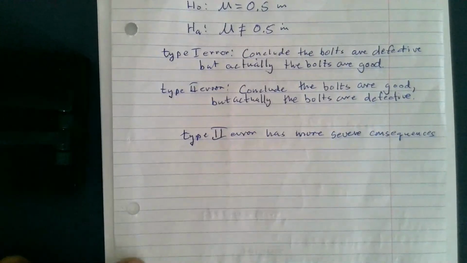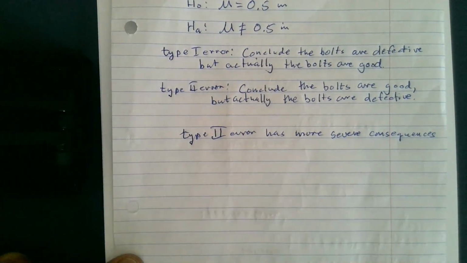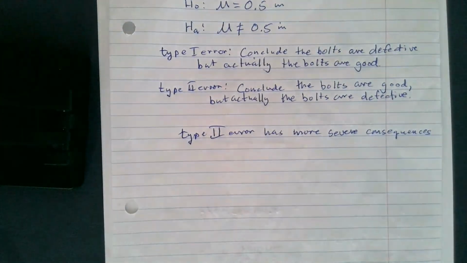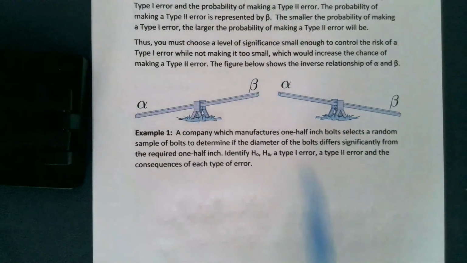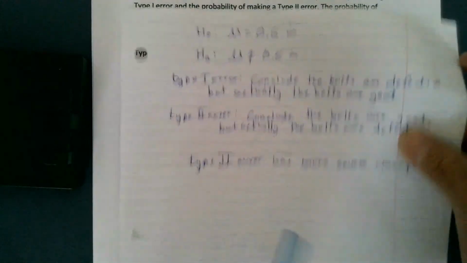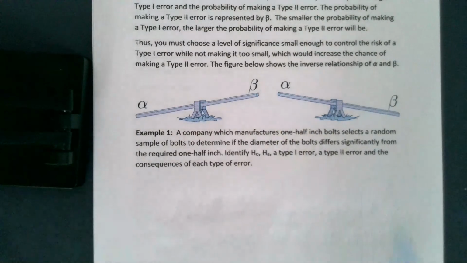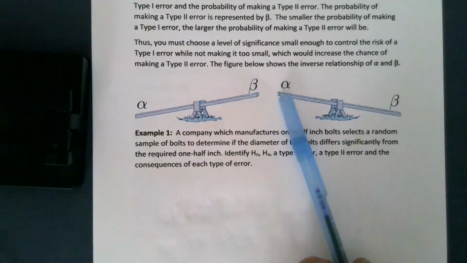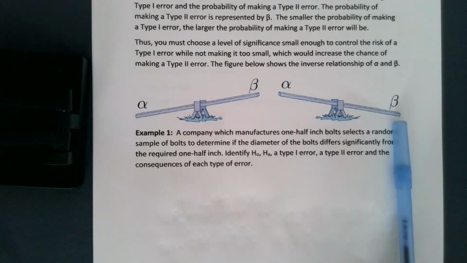Therefore, the company would like to reduce beta. So how can the company reduce beta? In order to reduce beta, they may want to slightly increase alpha. So let's say alpha is 0.05. They may want to increase alpha up to, let's say, 0.1, and that will reduce beta somewhat.